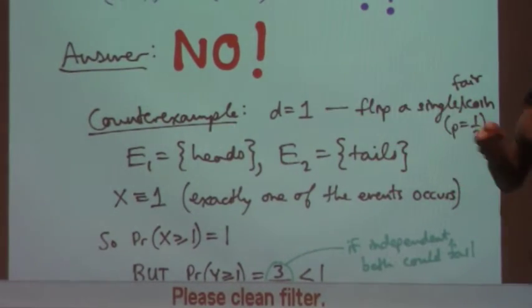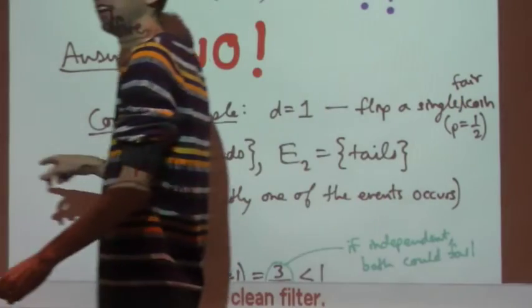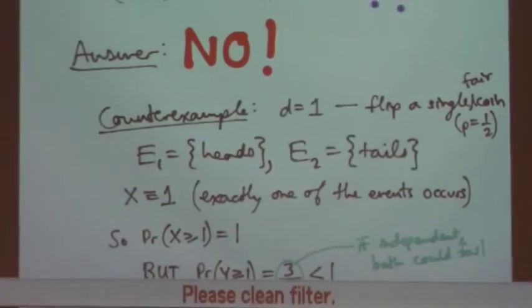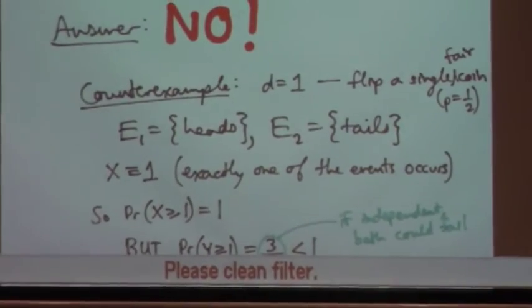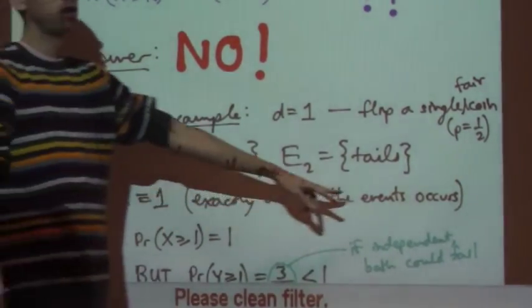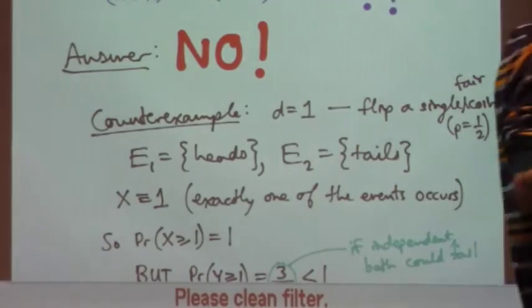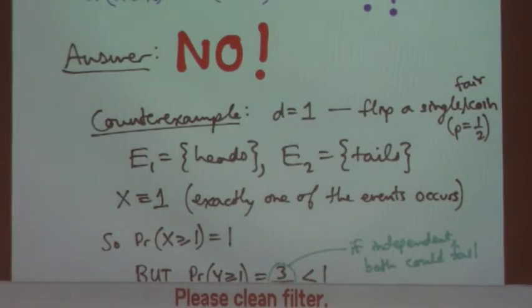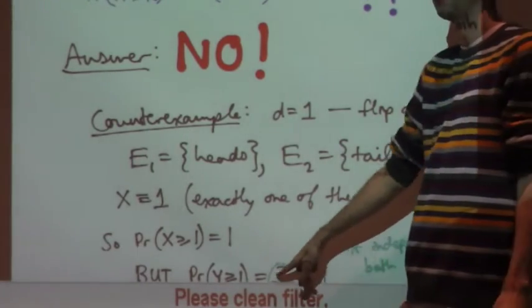So there's an easy counterexample, in dimension 1. Just flip a single fair coin. E1 is the event heads, and E2 is the event tails. X counts the maximum number that occur disjointly. X is automatically 1 because the coin is either heads or tails. But for Y, there's a 25% chance that Y is 0.